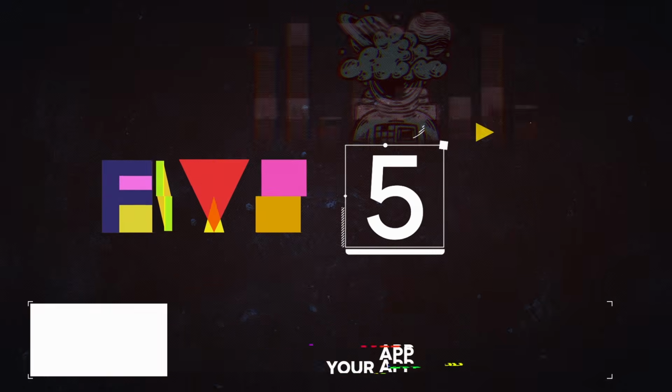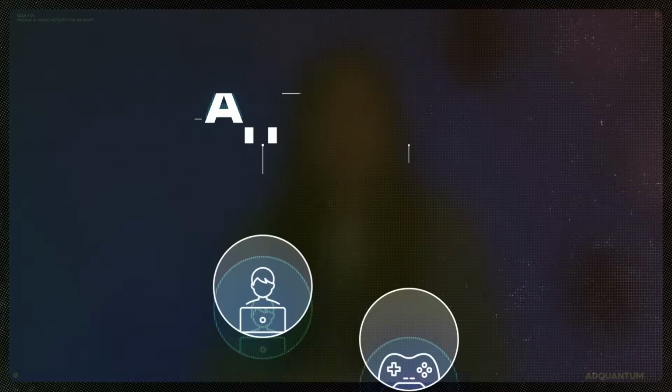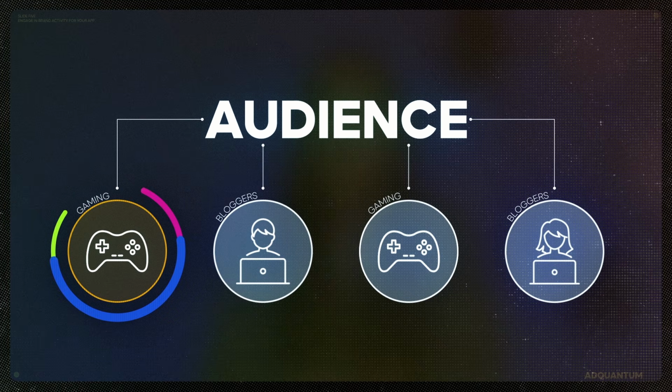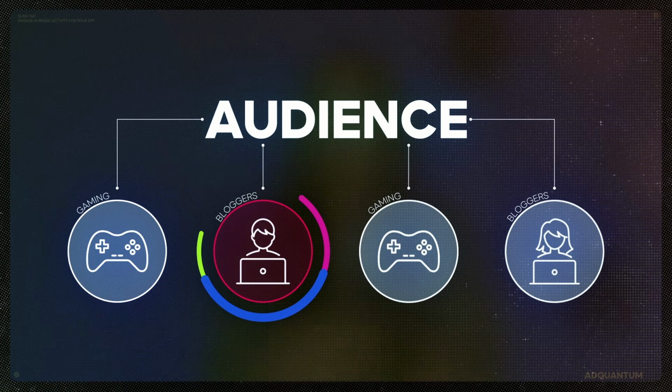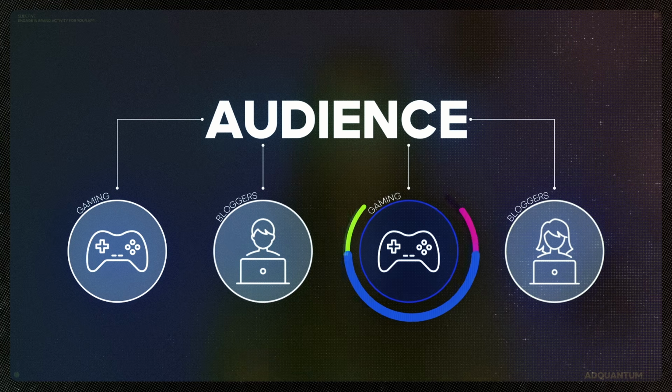5. Engage in brand activity for your app. Influencer marketing would be a great addition to paid user acquisition. It will help you warm up the audience, increase brand awareness, and make use of another ad channel. Here's our life hack. You don't have to only work with gaming bloggers if you promote a mobile game, or for instance, fitness bloggers if you have a fitness app.